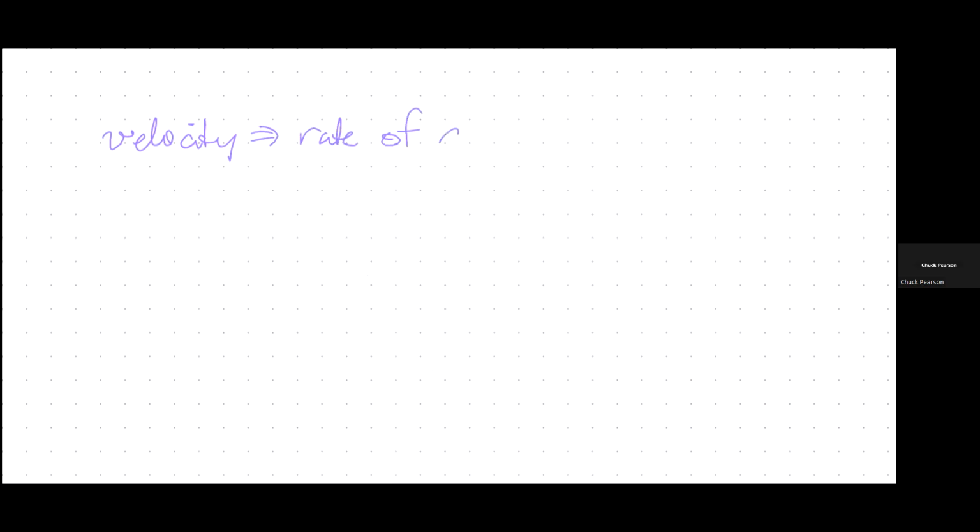In general, we describe velocity as rate of change of position.